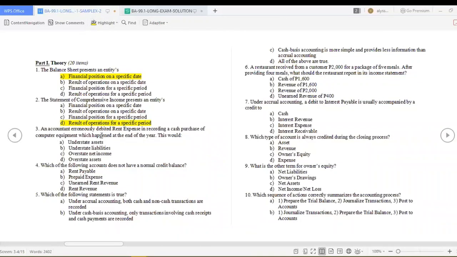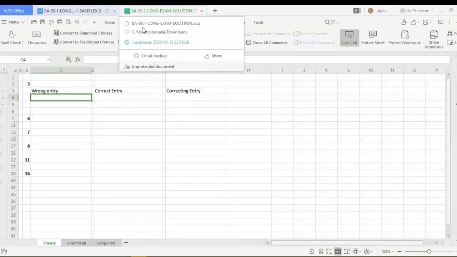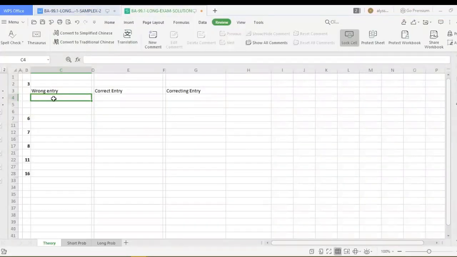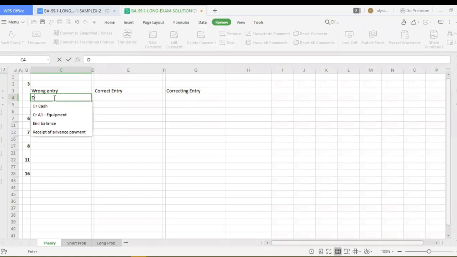Okay. Number 3. An accountant erroneously debited rent expense in recording a cash purchase of computer equipment, which happened at the end of the year. So let's visualize this. The company debited rent expense and credited cash.